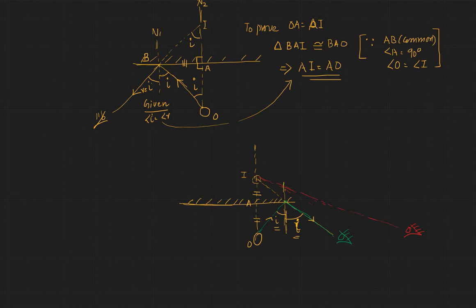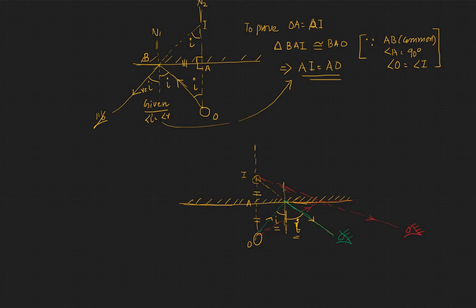But if this mirror would have been there, then there would have been a possibility that a ray would have come like this, and that would imply that the ray would have gone from here. So we could have said that if the mirror was extended here, that red eye, the eye at the red position, could also see the image.